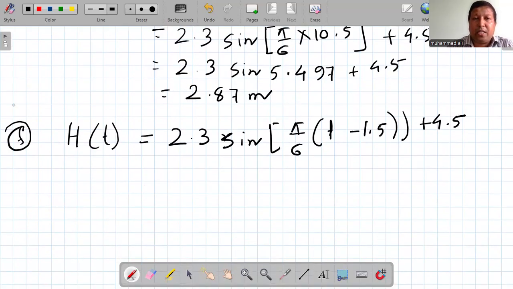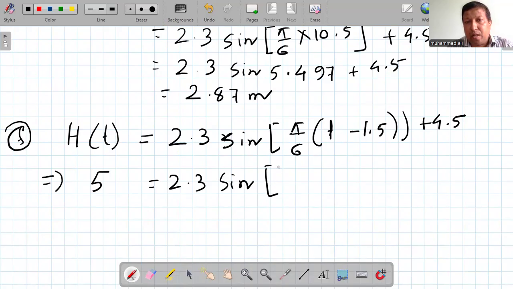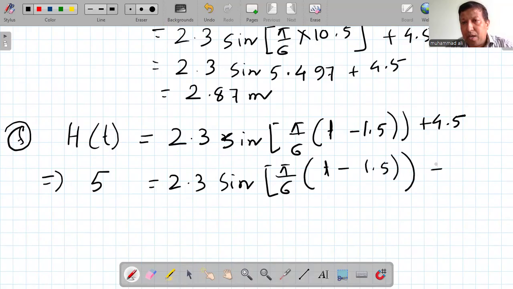So when height is 5, we want to find out the value of time. When height is 5, 2.3 sine pi by 6 (t minus 1.5) plus 4.5. So 5 minus 4.5 comes on the other side.